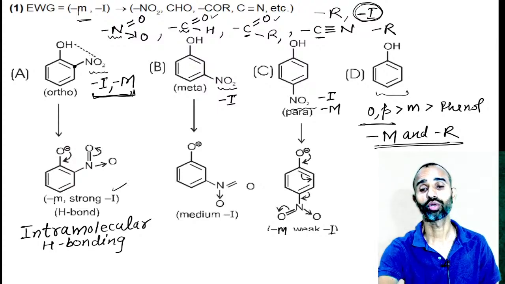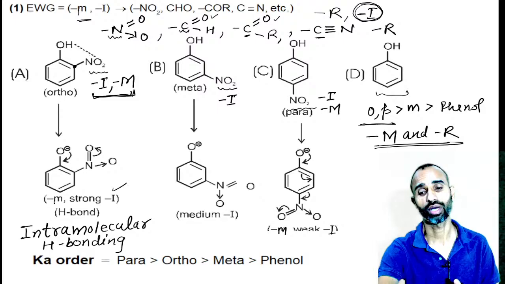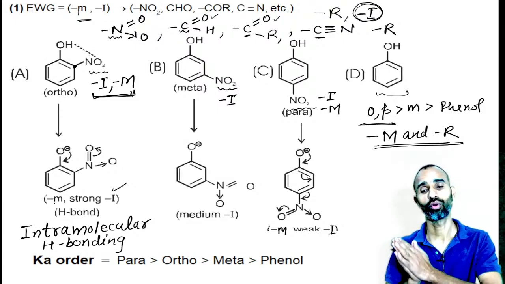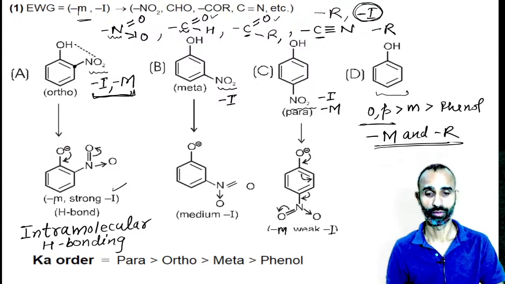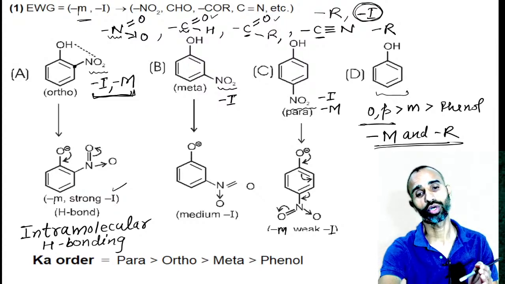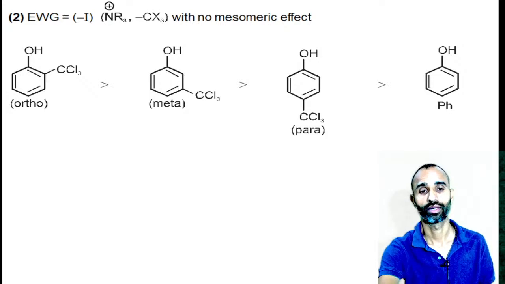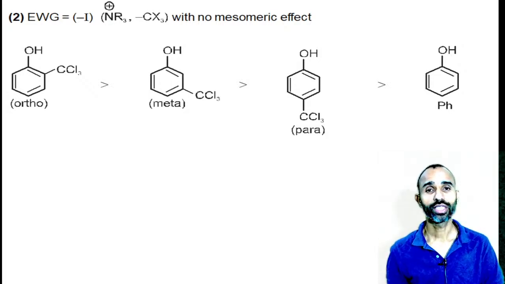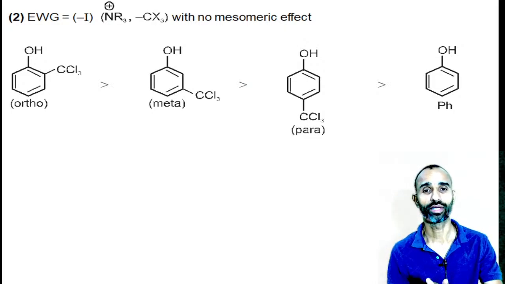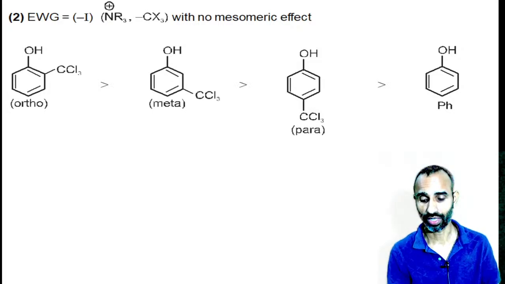But in case of para, there is minus M as well as weak minus I. That's why the order is para, ortho, meta, phenol. So ortho is behind para because of intramolecular hydrogen bonding. Okay, next, again they are electron withdrawing groups, but there is no mesomeric, or we can say resonance effect.